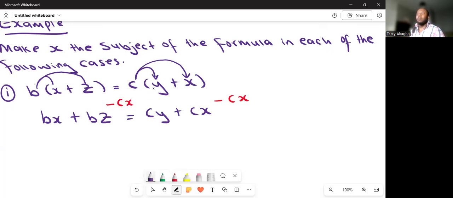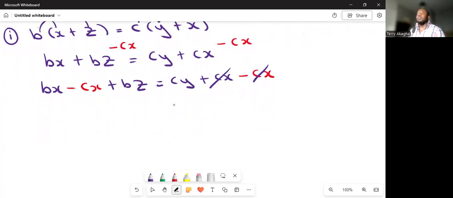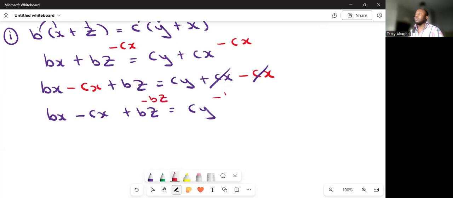So we're going to have bx minus cx plus bz is going to be equal to cy plus cx minus cx. So this is going to cancel out, and you'll be left with bx minus cx plus bz is equal to cy. Now we also need to take away bz, so I'm going to subtract bz from both sides.